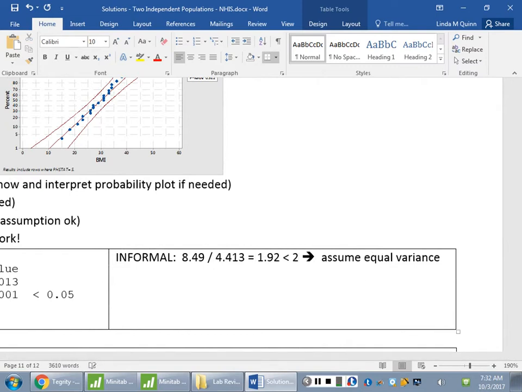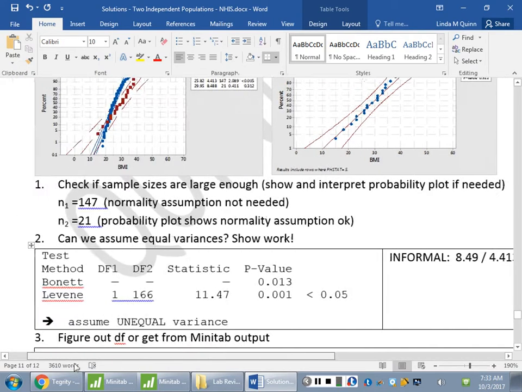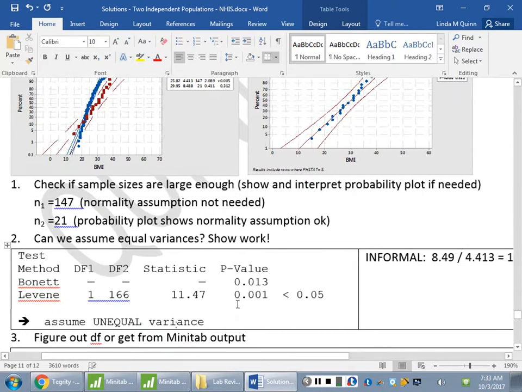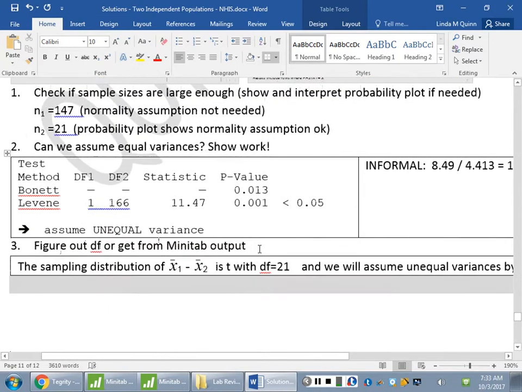And so we would assume equal variance. This is a case where you see that we've got conflicting results, but realize in the informal way that ratio is getting quite large. 1.92 compared to 2, it's almost like we're on a borderline situation. Okay? And once again, if you end up doing both of them, the results you should take are the ones from the formal test.